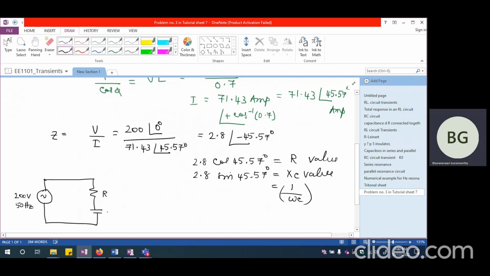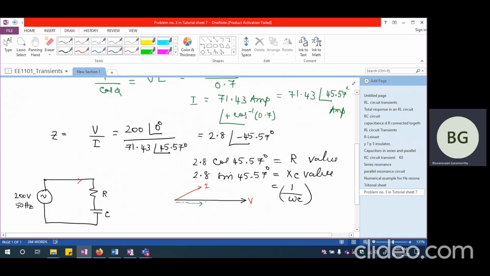So if you are having R here and C here, the current we are taking is a leading current. So if this happens to be the voltage, the current is leading. So this is going to be V and this is going to be I. Now what we want is the current to become a unity power factor current.